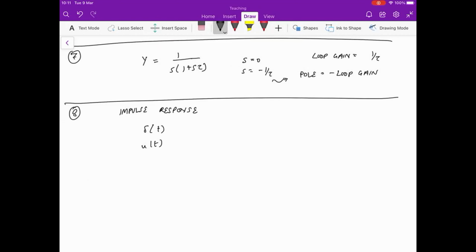And so conveniently, the delta has a Laplace transform of 1, as opposed to u(t), which has a Laplace transform of 1 over s. So to get the impulse response, all we need to do is take the value of y, multiply it by 1, and then do the inverse transform.